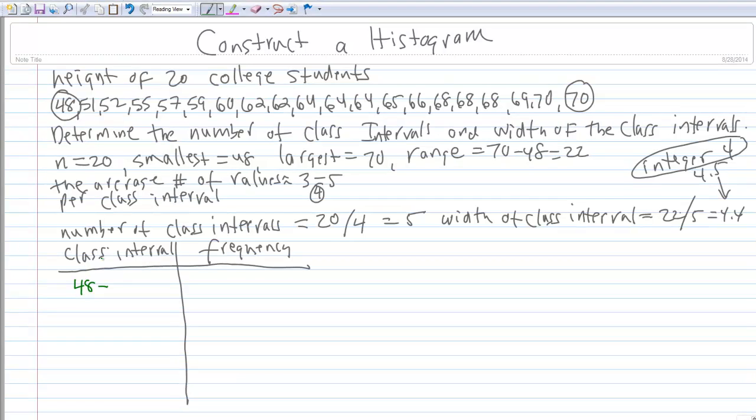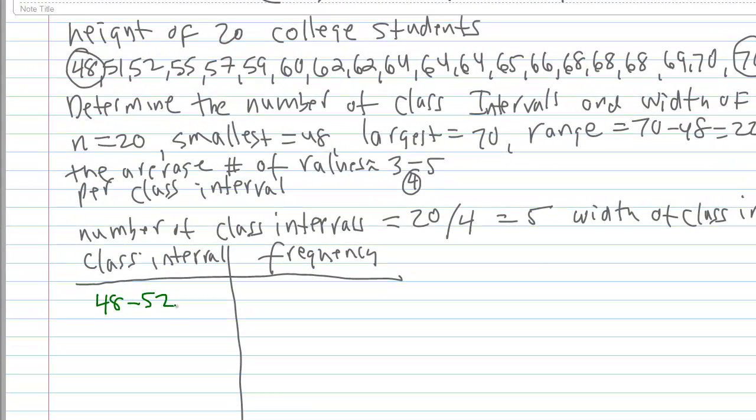So that's going to take us to 52. So the first class interval starts at 48, which is our smallest value, and has a width of 4. Okay. Next one starts at 52, goes up by 4.